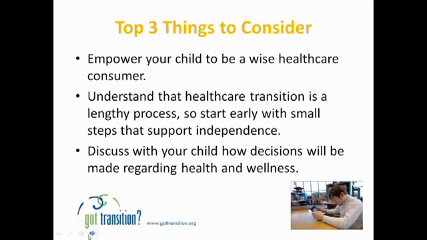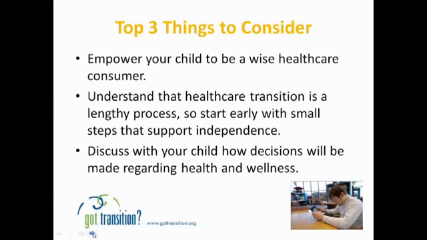So, and also back to the 6 core elements, bullet point number 3, discuss with your child how decisions will be made. That speaks to the transfer of care and the actual transition. When we transfer to an adult care model, how are decisions going to be made? And to be able to speak with the young person about how it's different in the adult care model. The parent may not want to be in the room with the young adult.